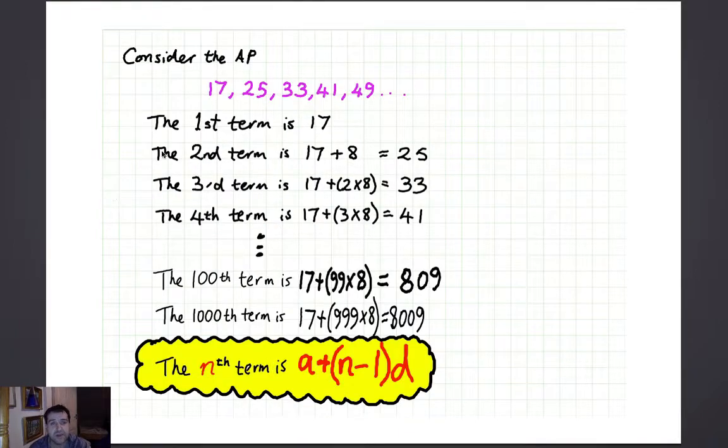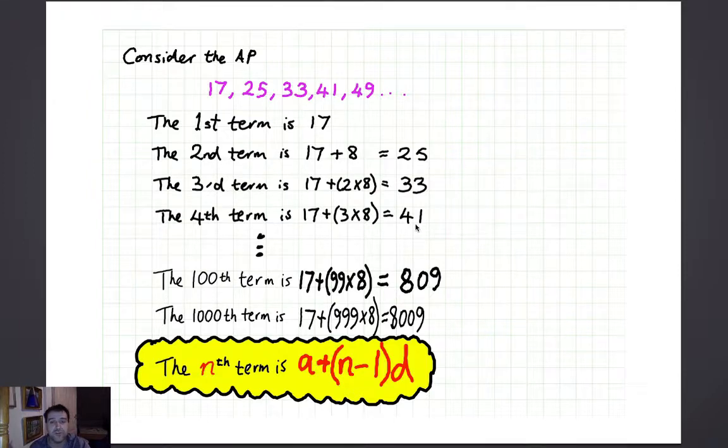Okay, so in class we said consider the AP 17, 25, 33, 41, 49. So the first term is 17, then the second term is 25 because it's 17 plus a common difference of 8. The third term was 33 because it was 17 plus 2 eights.